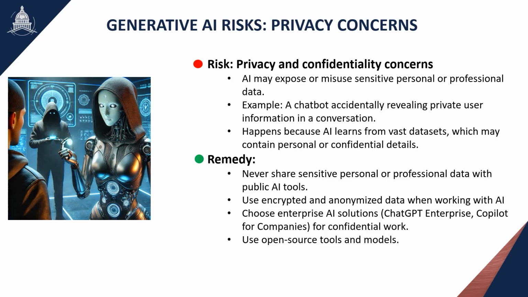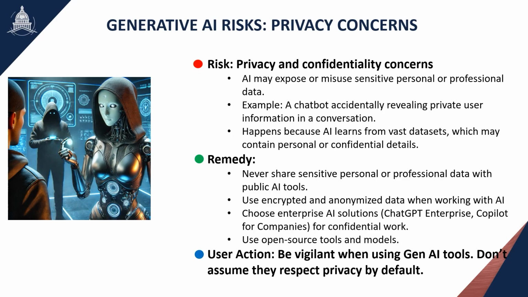Note also that open source models and tools exist, and you can use them on your machine. Of course, you may need some good GPUs for that. The takeaway here, AI can handle data, but don't assume they respect privacy by default. You must protect your data. Stay cautious and think before sharing.